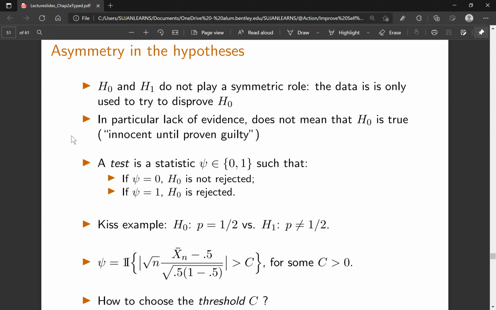When we do some tests under the null hypothesis, either we cannot reject the null hypothesis or we can reject it, but we cannot prove that the null hypothesis is true.